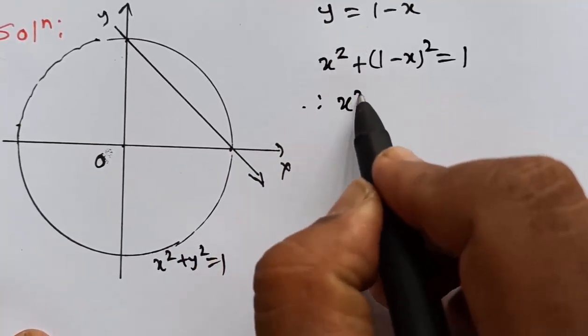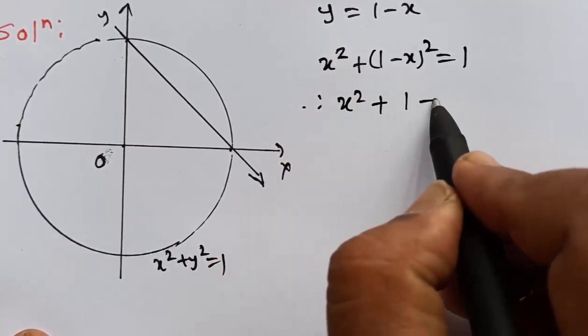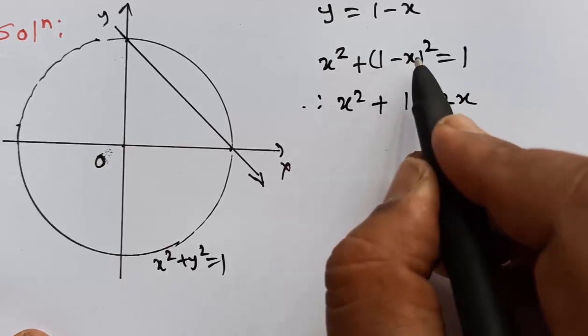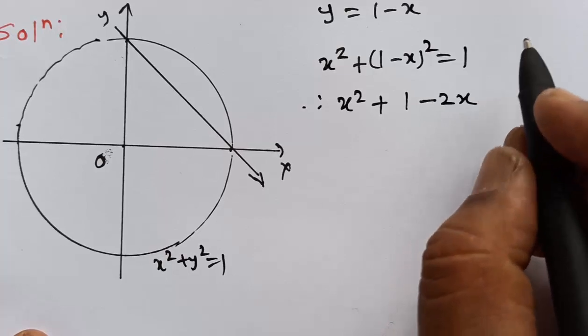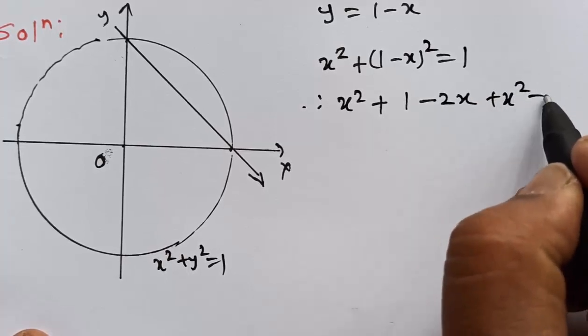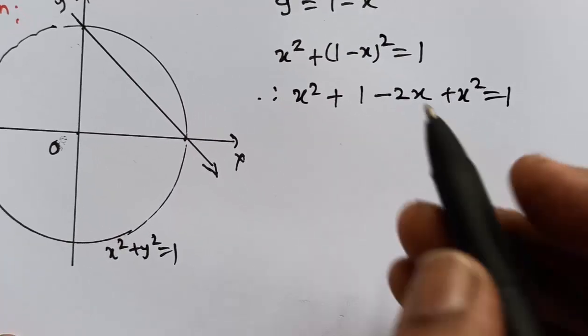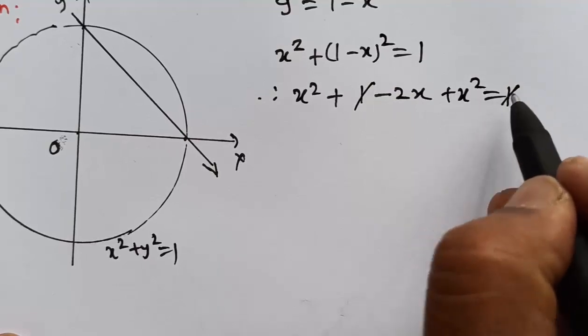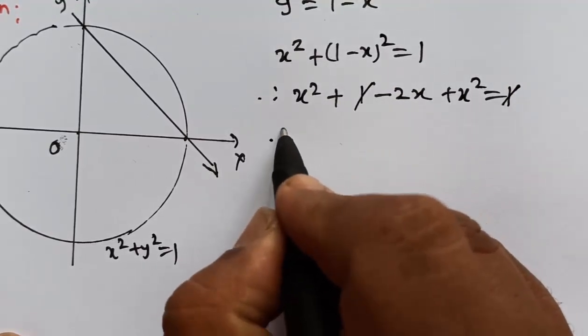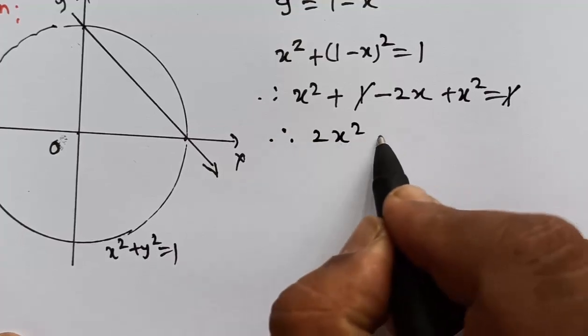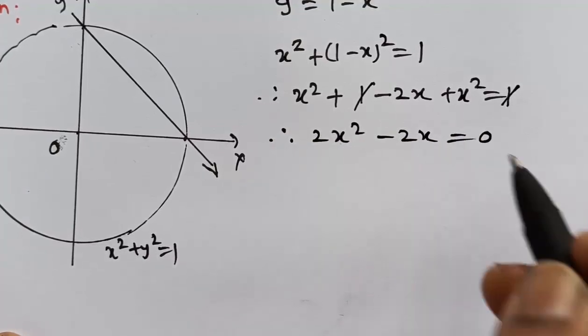Therefore, x square plus 1 minus 2x plus x square is equal to 1. 1 gets cancelled. x square plus x square becomes 2x square minus 2x is equal to 0.